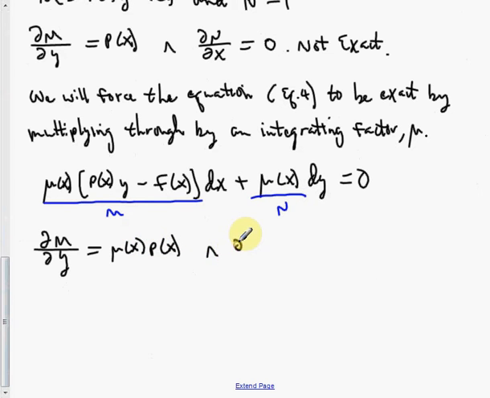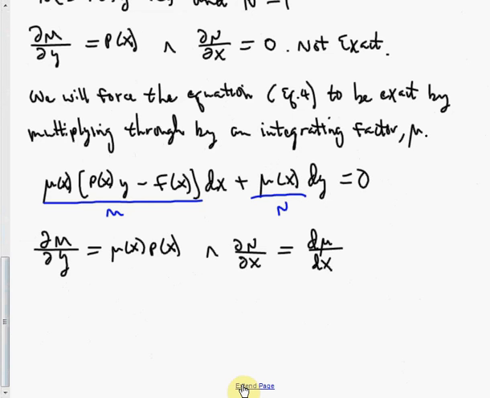And the partial of n with respect to x, well here mu is a function of x, so this is just d mu divided by dx. Well, to force exactness, we say that here these partials must equal. Right?